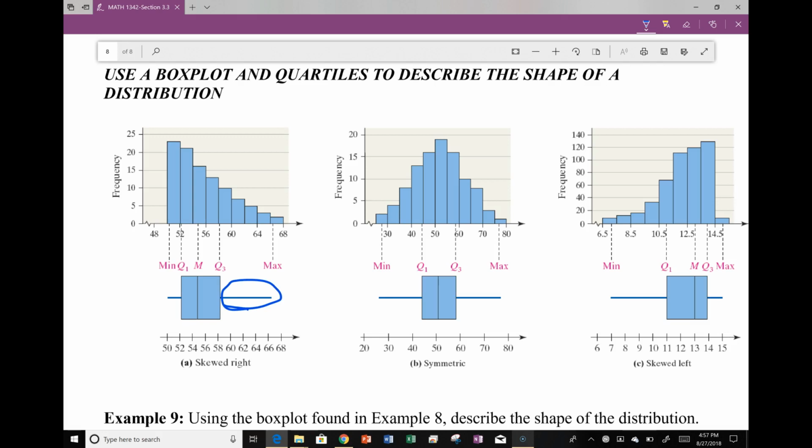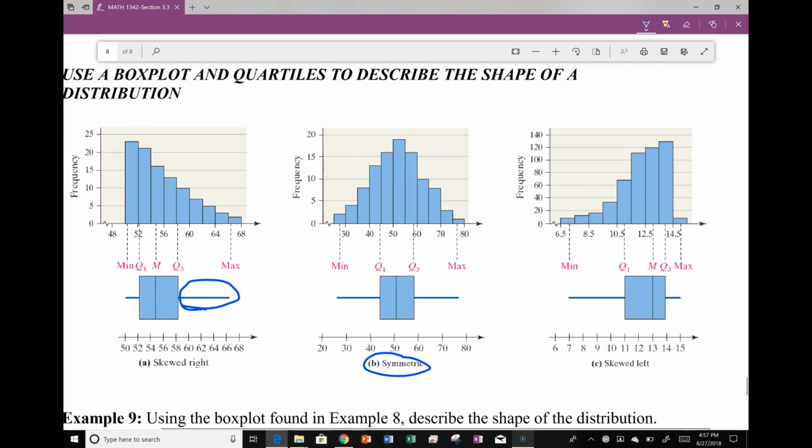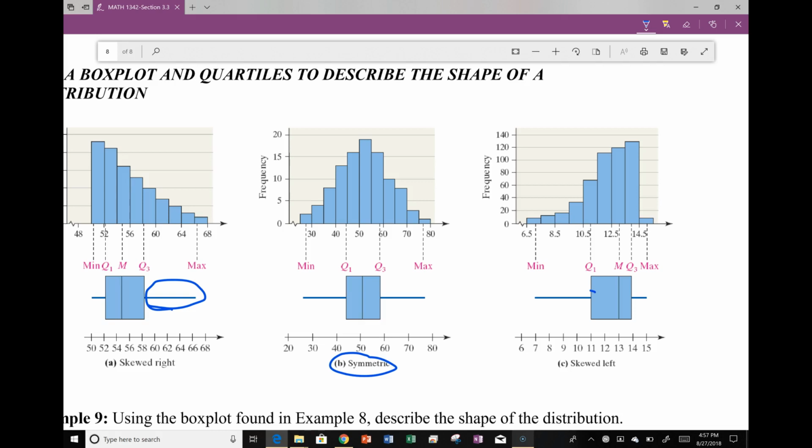For symmetric bell-shaped box plots and curves, notice that the whiskers are almost the exact same, and the vertical line here in the middle, the Q2, is right down the middle. So this is symmetric or bell-shaped. For a skewed left, you'll notice that we have a longer whisker on the left than we do on the right. Also, the Q2 is closer to the right side. So this is skewed left.